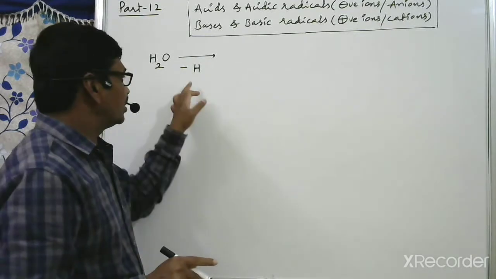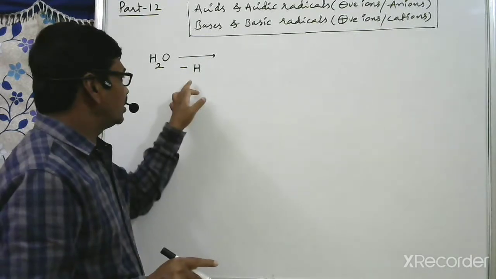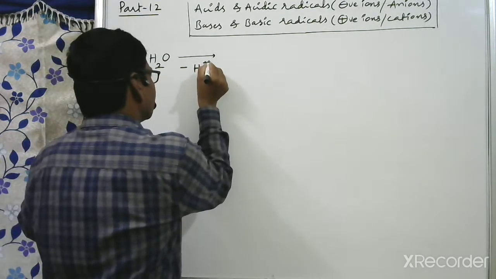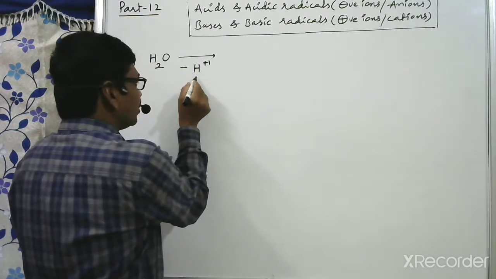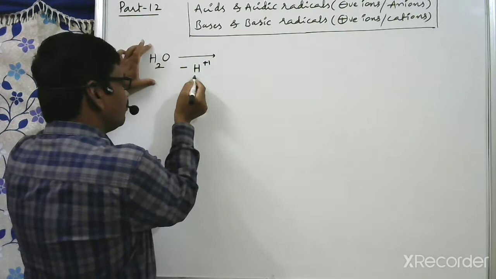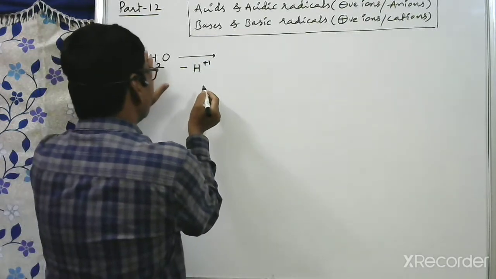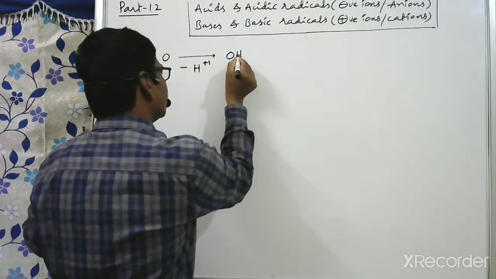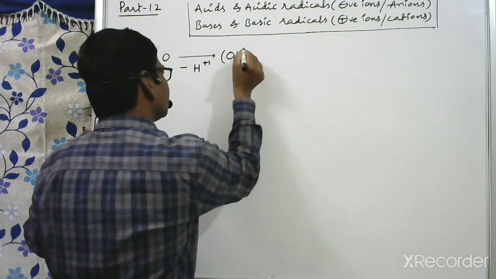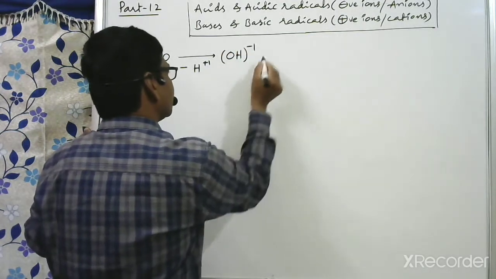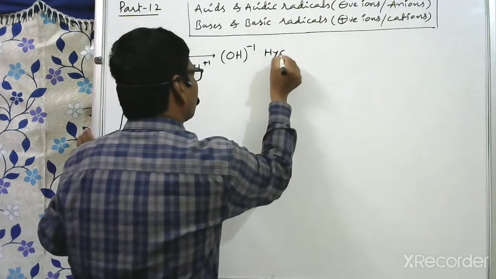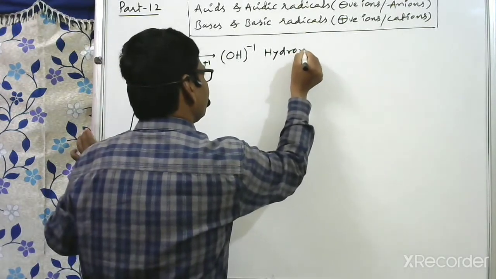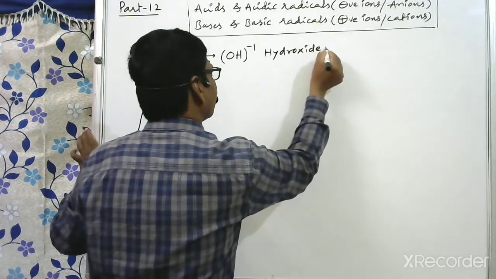So that one positive charge we are removing from water in terms of H plus ion. What is the remaining part? OH. This OH group carries a total charge of minus 1, which is called the hydroxide ion.